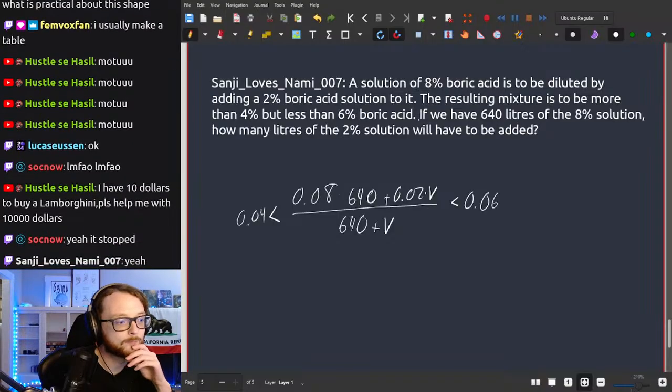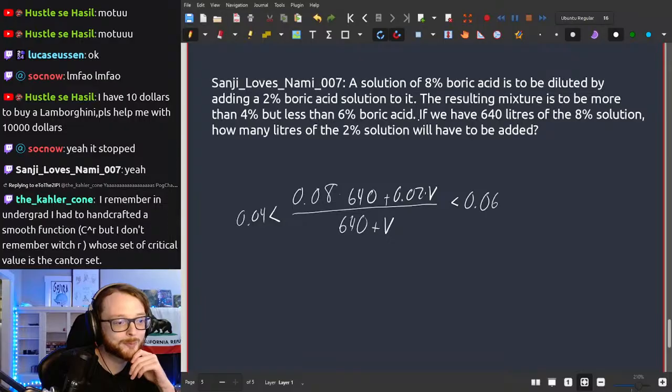If you're going to have chemistry questions in general, Actual Education is going to be a much better person to ask, but this one I can kind of logic my way through.